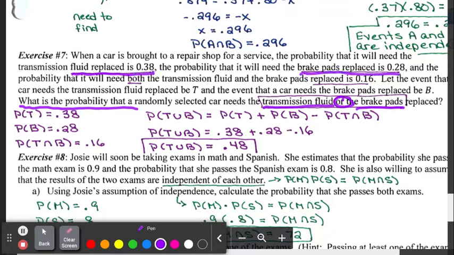Probability you need the brake pads is 0.28, and the probability you need both is 0.16. I wrote those right over here, and then I wrote my addition rule. The probability of the transmission fluid or brake pads is equal to the probability of the transmission fluid plus the probability of the brakes minus probability of both. Plugged my 3 numbers in here, and then I combined them. So 0.48.